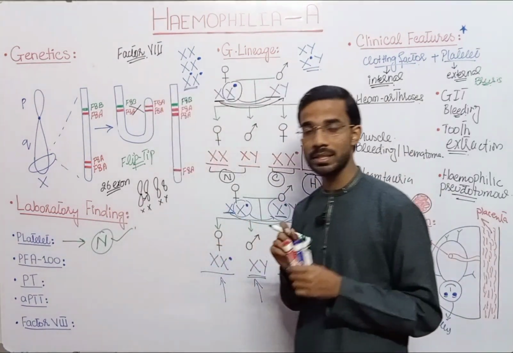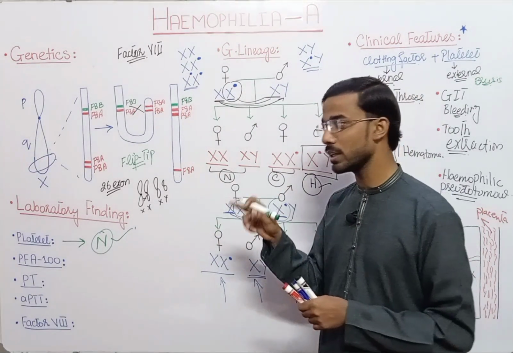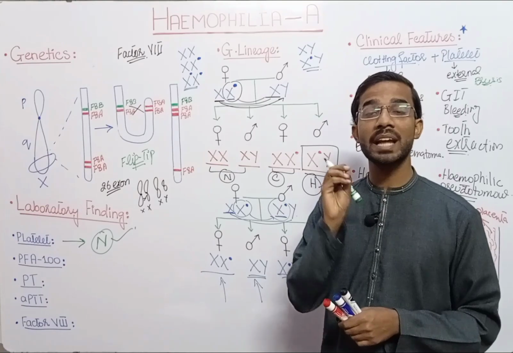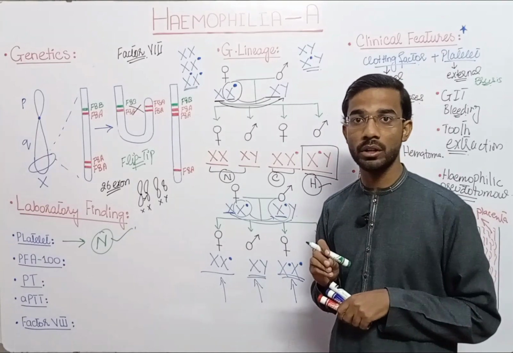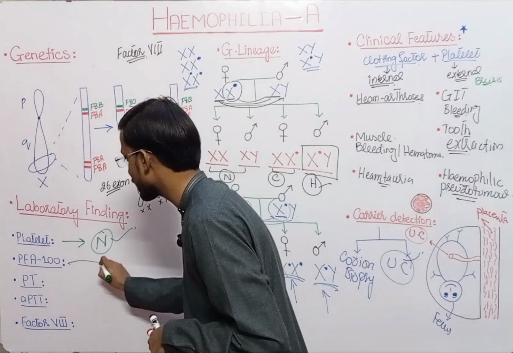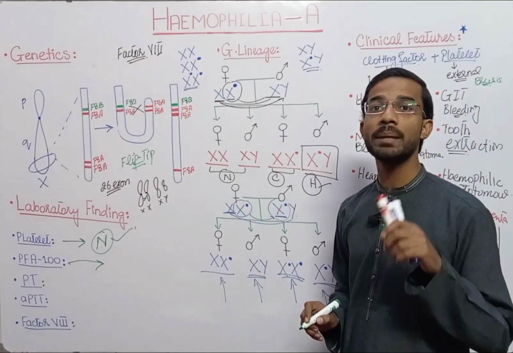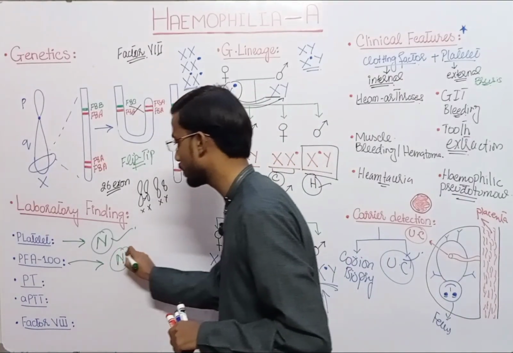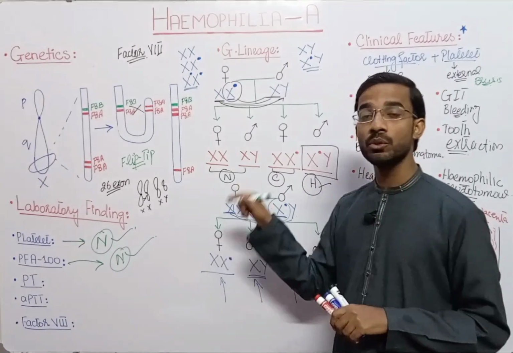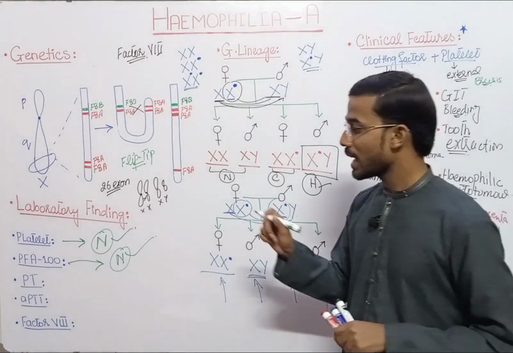PFA 100, this is actually the platelet function assay test. This is used for the detection of any defect in the platelets. So this test is basically performed to check the function of the platelets. In that situation, PFA will also be normal, because this is used for the platelets, and in hemophilia A, platelets are normal.